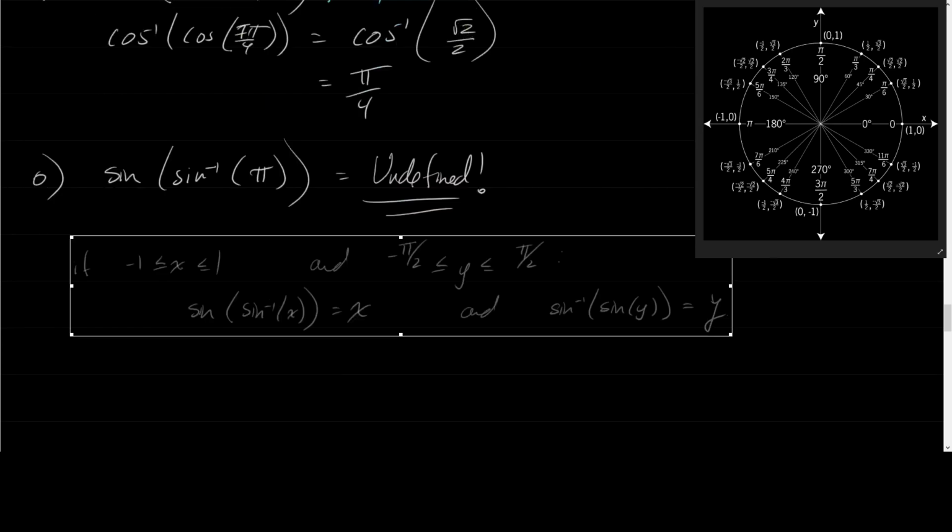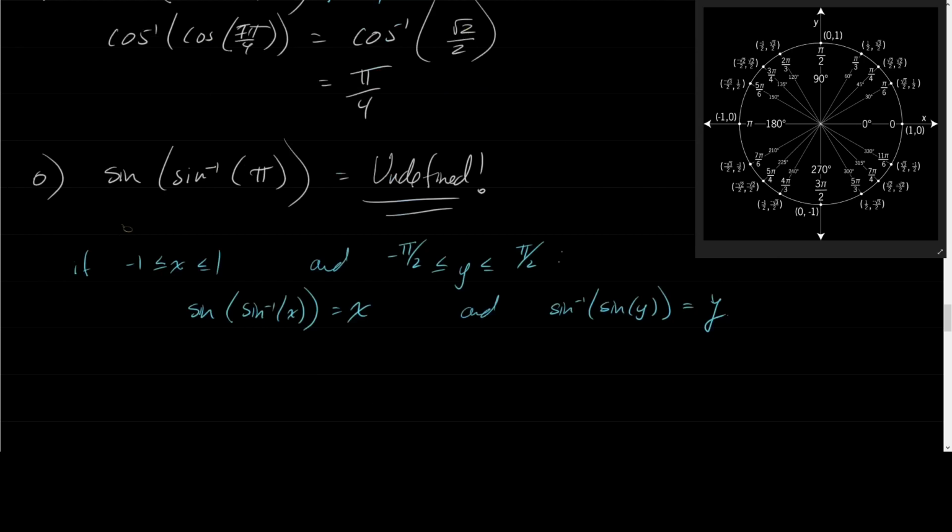So if you recall this, I have sine of sine inverse. So I'm looking at this version down here, sine of sine inverse, right? And in sine of sine inverse, we have that the x value must be between negative 1 and 1.